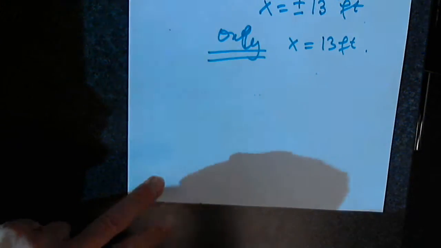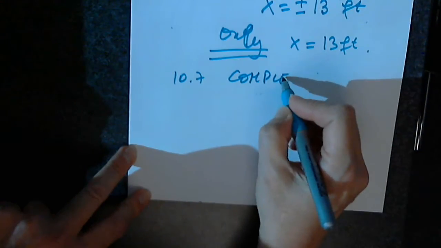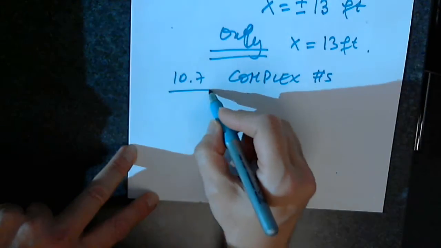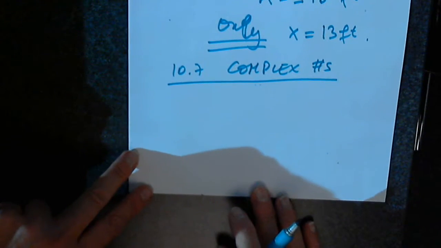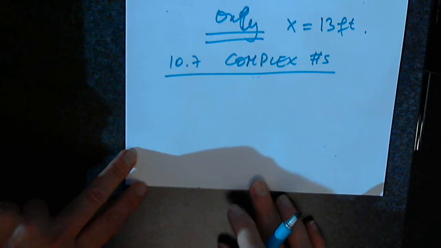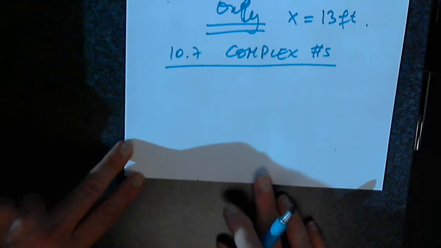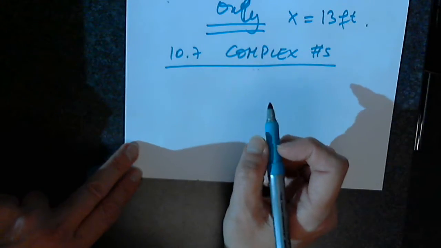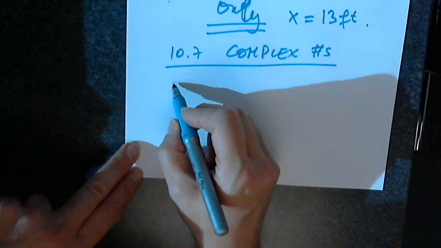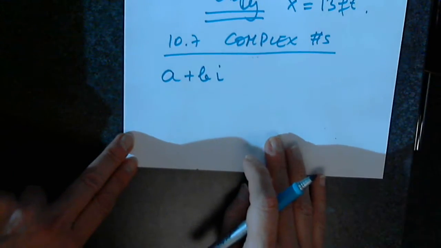The last section of this chapter is section 10.7. It deals with complex numbers. Okay, what is a complex number, first of all? A complex number has 3 pieces.